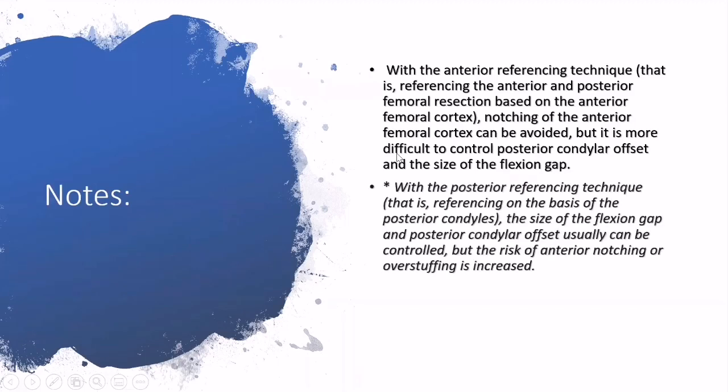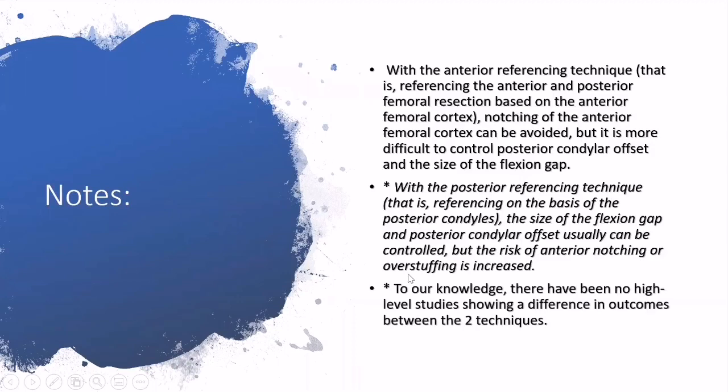This is rarely done, but most systems apply a posterior reference technique. That is to say, we place the feet on the posterior condyle and then measure upward to the anterior cortex without notching or overstuffing. To our knowledge, there are no high-level studies that show differences between the two techniques.